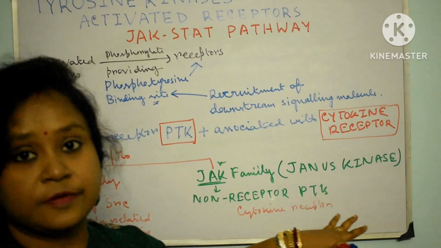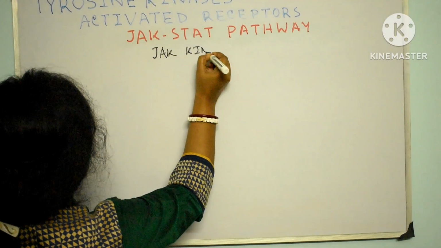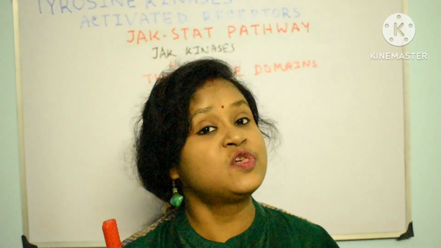Now let's concentrate on Jak-Stat. Jak kinases are characterized by the presence of two kinase domains, a characteristic of their family. Two kinase domains in each molecule.